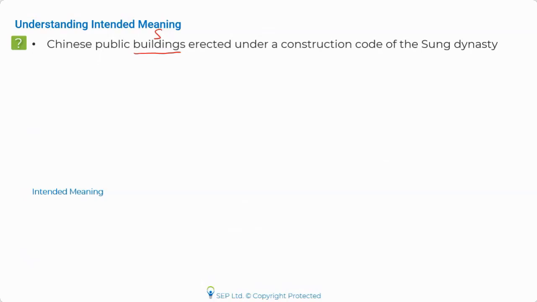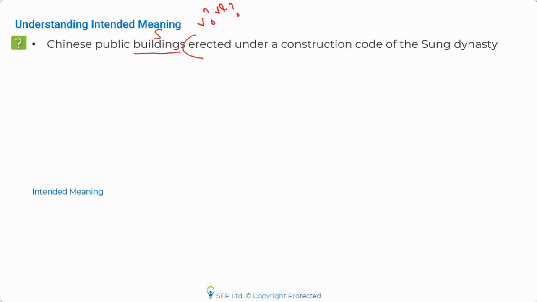Now, first of all, I need to ask myself, this erected, is it a verb? So again, my question, verb or a verbal? And if I ask the question, what erected or who erected, the answer will not be logical. The answer that comes is buildings erected.